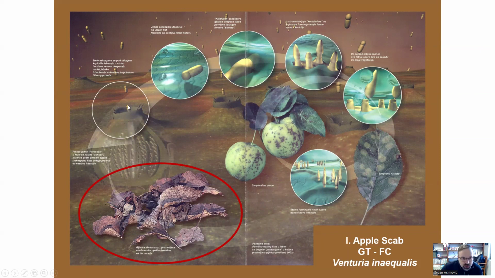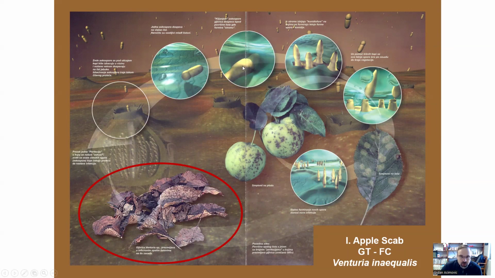Then in the spring, with enough rain and light, they eject ascospores into the air, and they are carried by air currents, landing on leaves, on green tissue or green fruit. These ascospores, which you can see here as bullet-like, actually require being in a droplet of water to infect.